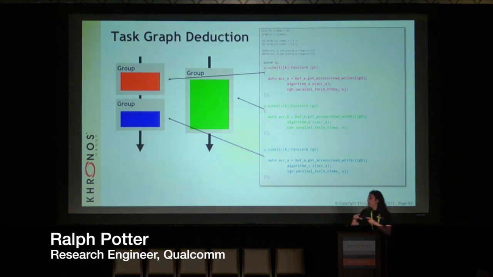But the green kernel, even though it's positioned in between the two of them, refers to a completely different buffer. It has no dependencies on the same data as the red and the blue ones, which gives some freedom to a runtime as to how it could schedule it. You could execute the green one first, you could execute it last. If you had some capacity on the device, you could execute both of them at the same time. And by constructing accessors in this way, we can track these dependencies and schedule for you.